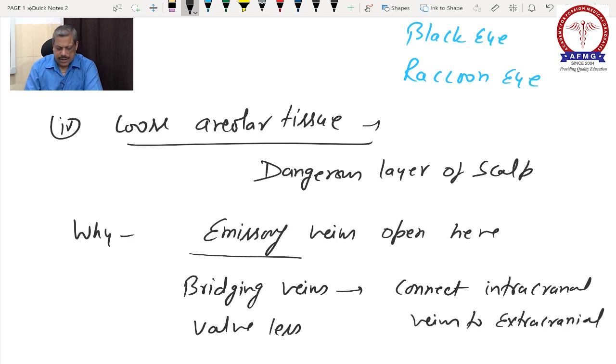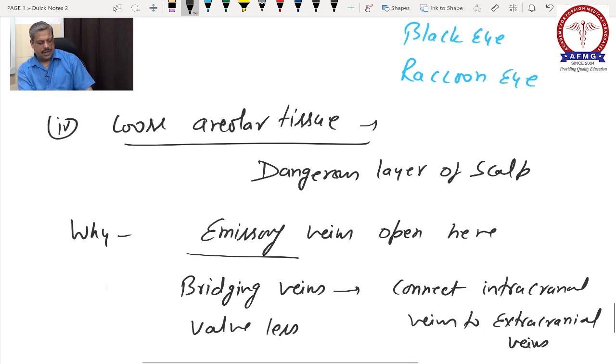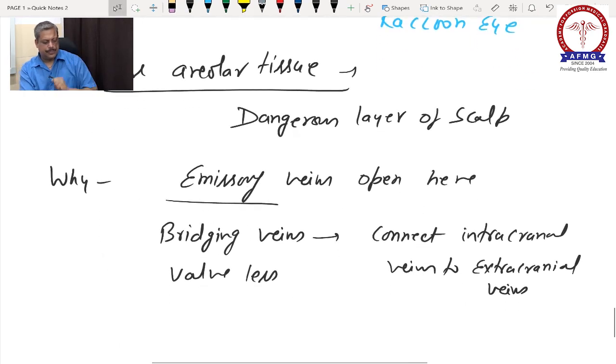They connect intracranial veins to extracranial veins. And these are valveless veins, so blood can flow in either direction. So if infection reaches the fourth layer of scalp, then it will go to the brain through this channel. That is why layer number 4 of the scalp is known as the dangerous layer of scalp.